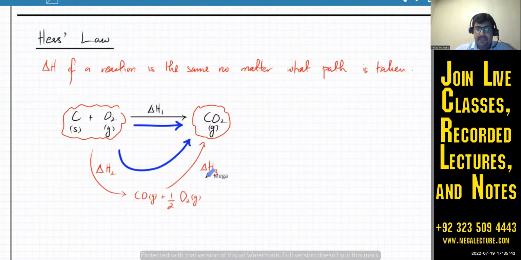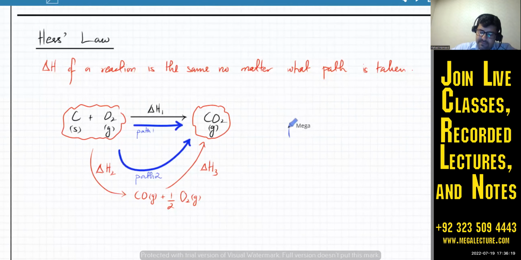And since you're making carbon dioxide, because your net bonds broken and formed would be exactly the same, path 1 and path 2 would be having exactly the same energy change. This is path 1, and this over here is my path number 2. So the energy changes would be exactly the same.